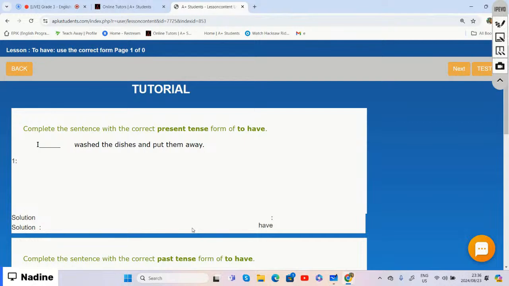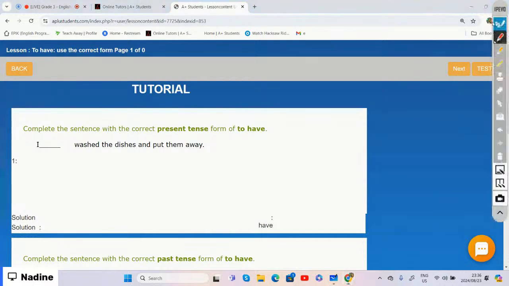So it says I. Do we say I have, or do we say I has washed the dishes and put them away?